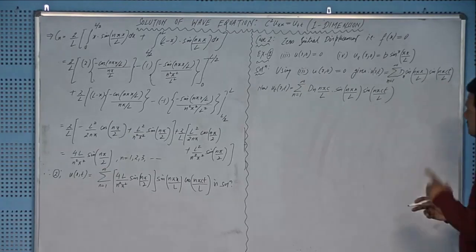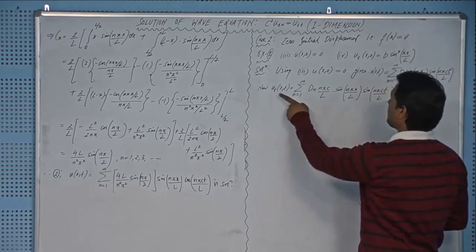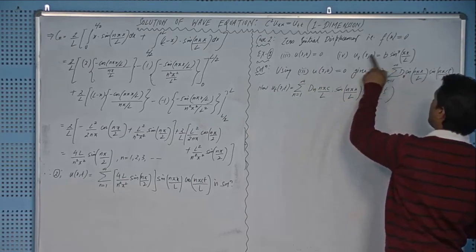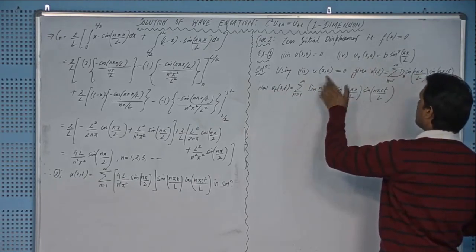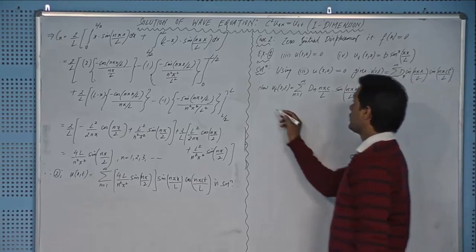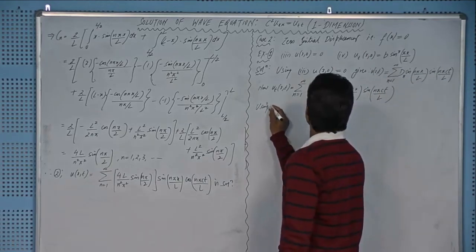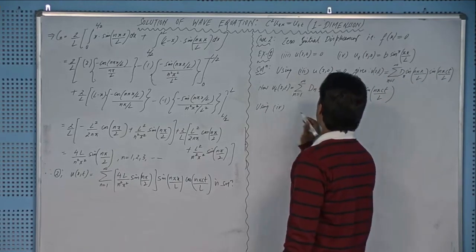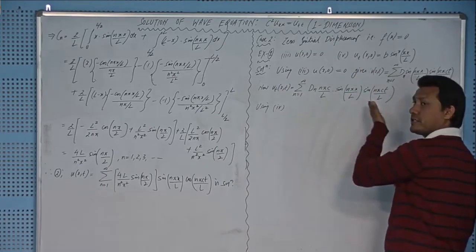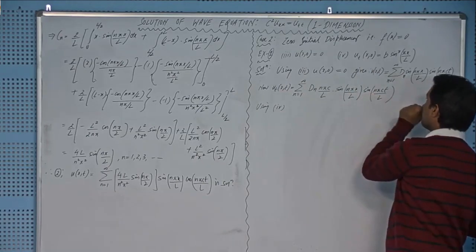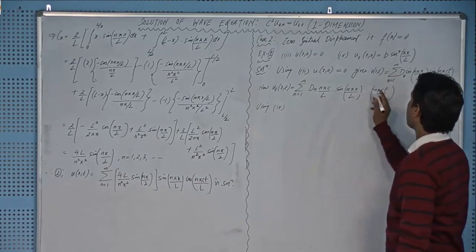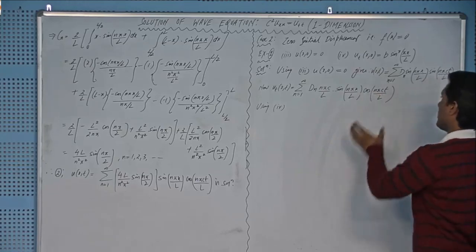You can see here u_t is this thing. I will use the fourth condition at t equal to 0, putting t equal to 0 here, and sine becomes cos, which will become 1.